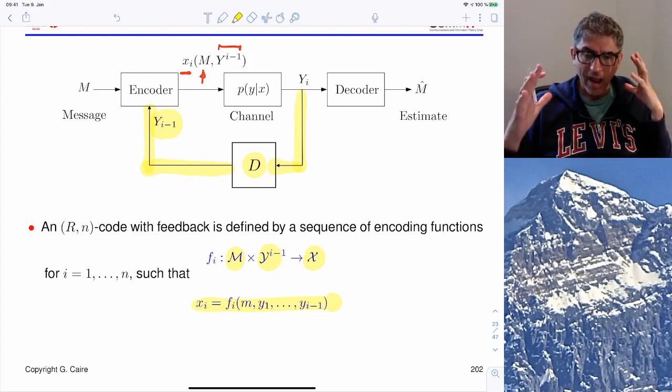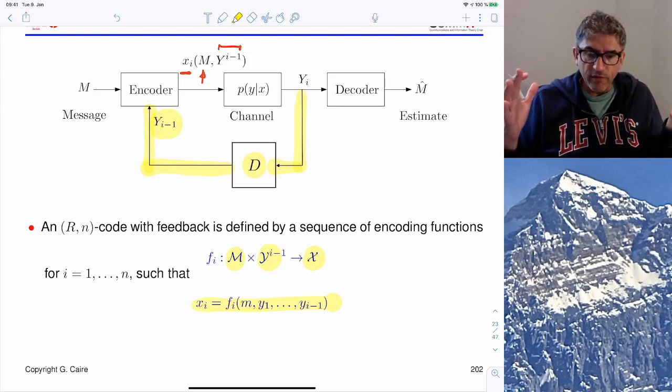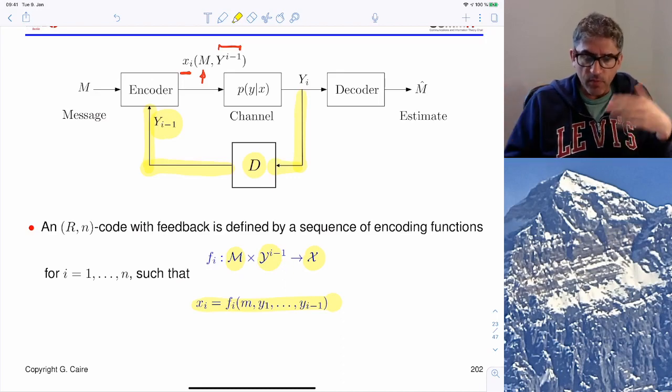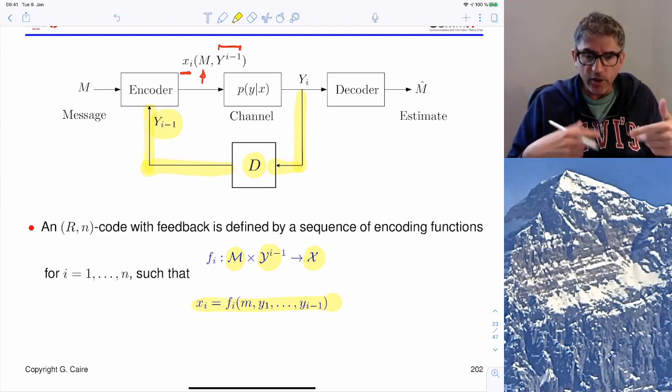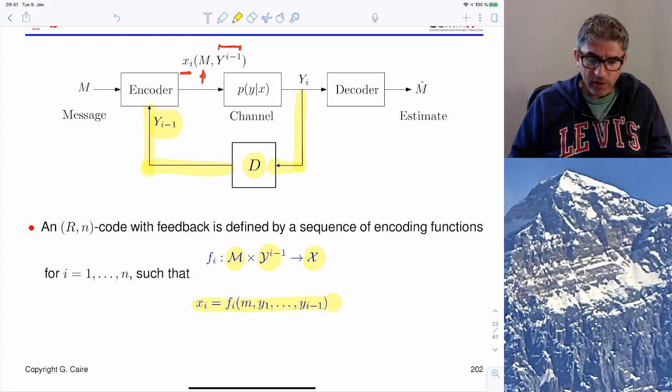We do not have a pre-fixed codebook. The codebook, in fact, is defined by the sequence of encoding functions, which means that depending on what the channel does, whether it is misbehaving, introducing a lot of errors or not, the encoder can essentially cope with it dynamically and adaptively to the channel behavior. Okay.